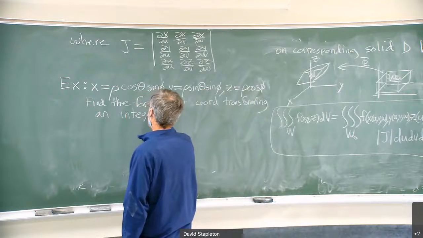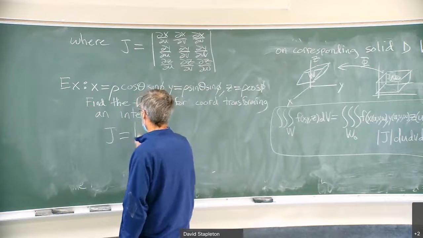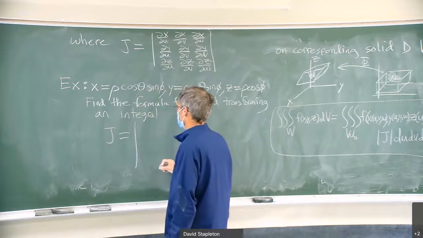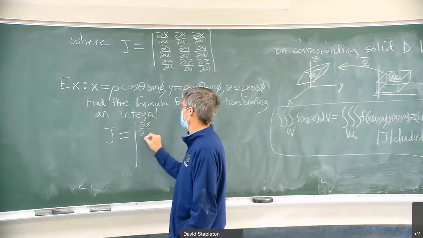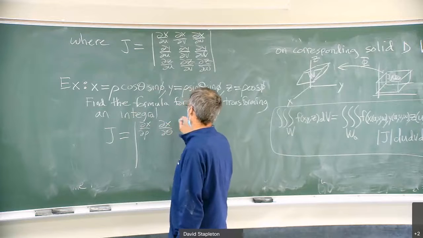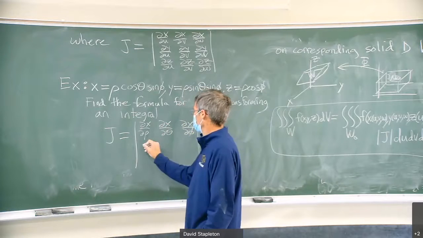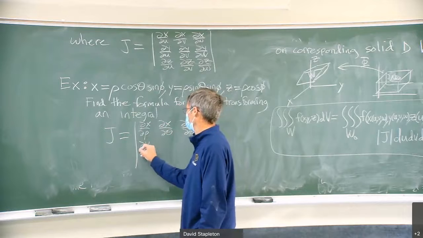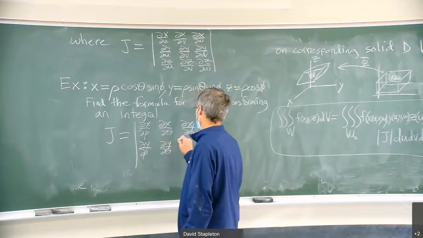in spherical coordinates. Right? So first I need to calculate the Jacobian, right? The Jacobian is now a 3x3 determinant. And it looks like this. It's dx d rho, dx d theta, dx d phi, dy d rho, dy d theta, and dy d phi.